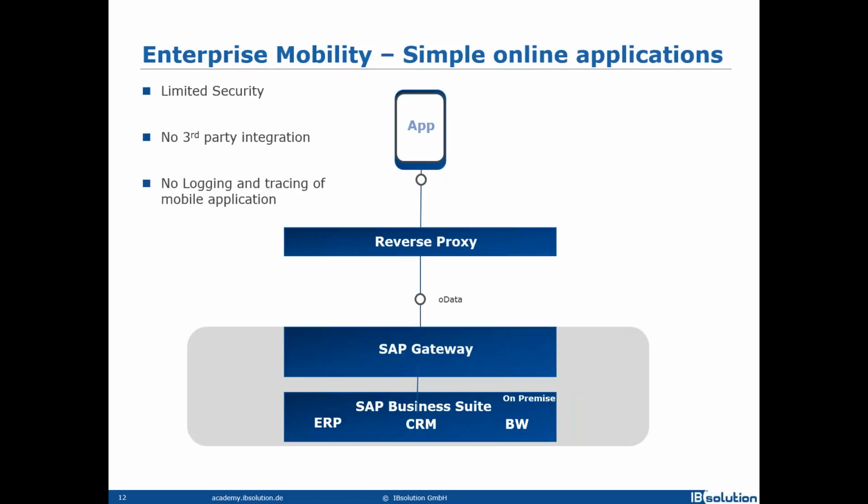It's a really good one for simple online applications. Expose your data with SAP Gateway to a reverse proxy to your applications. It works. A lot of customers already did that, but I would say it is good if you have like 3 applications, or if you don't expand it too much to all your employees, or if you don't really want to manage the applications, the connections to it, and the data.